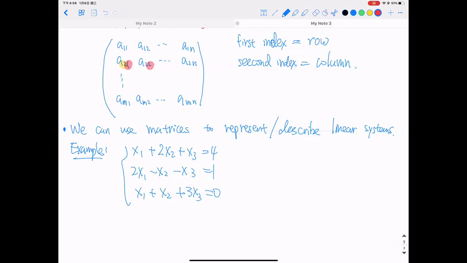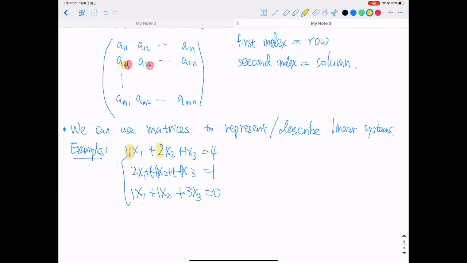The important things to remember about this system are the numbers associated with it. Namely, there's a 1 in front of x1, a 1 in front of x3. There's a minus 1, a minus 1 here, there's a 1, a 1, and a 1.